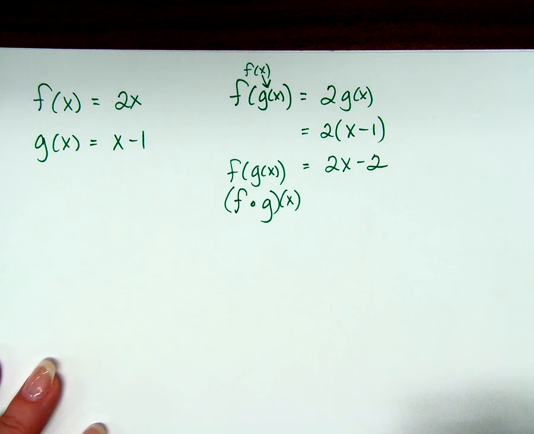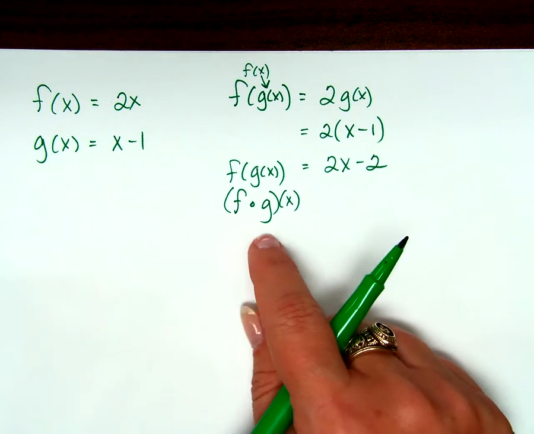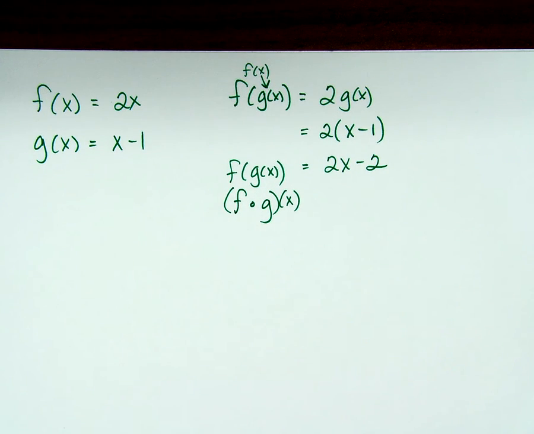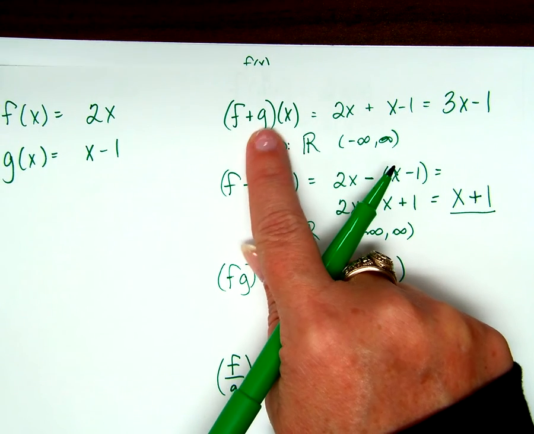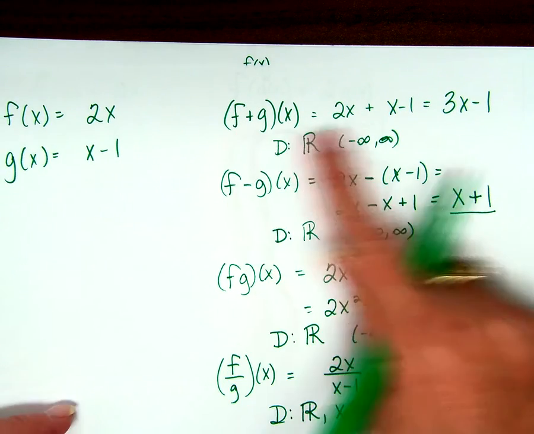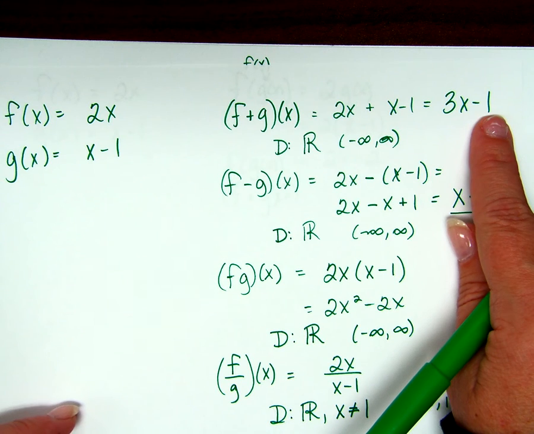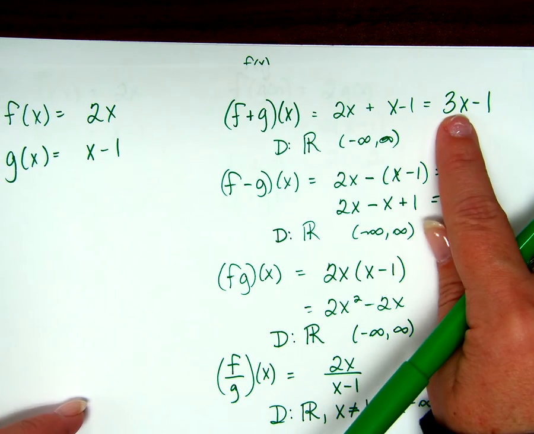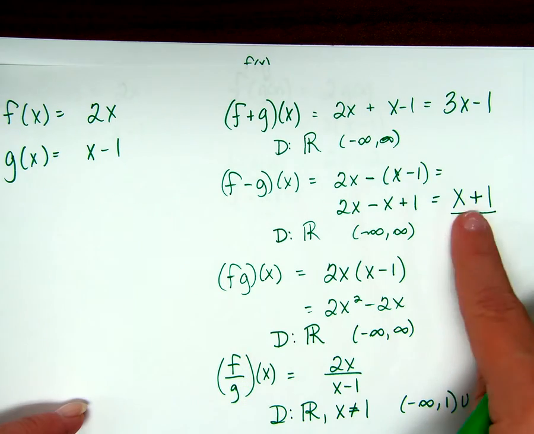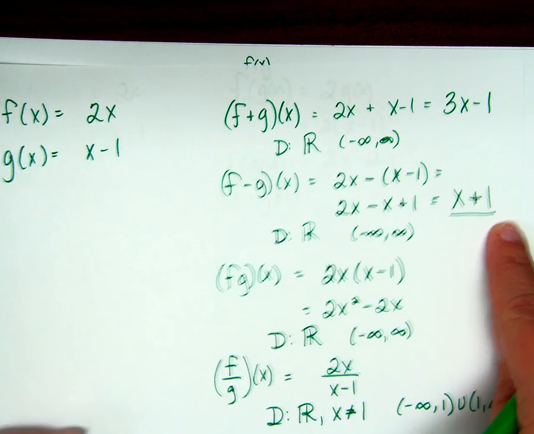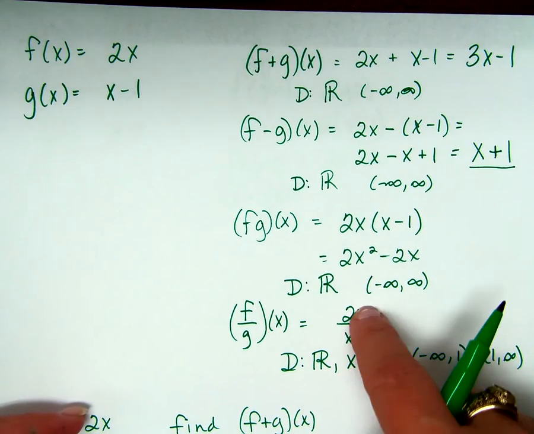But see, the thing about it is, if I take f plus g as compared to g plus f, is that going to be a whole lot different? Plus, it's not going to be different at all. Times, it's not going to be different at all. Subtraction, some signs will change. Division, the 2x will be on the bottom instead.